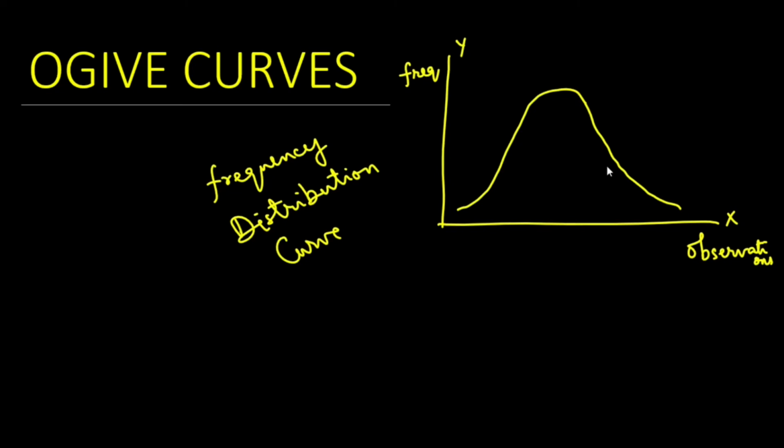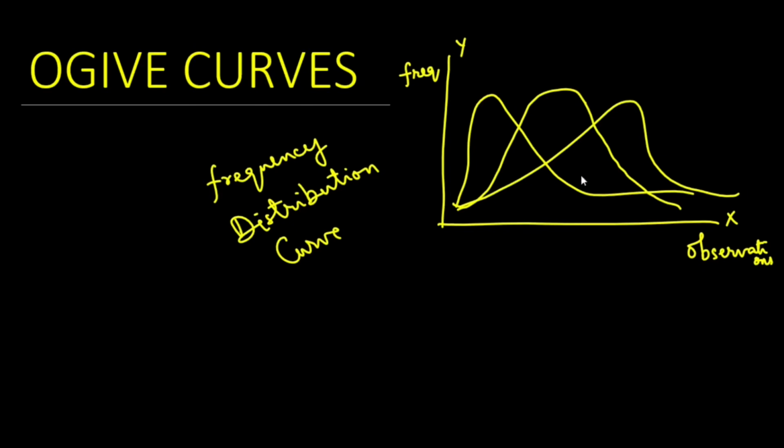Any natural phenomenon has high frequency for medium values of observations, and low frequency for lower values and also for higher values of observations. It may tilt like this or it may tilt like this.